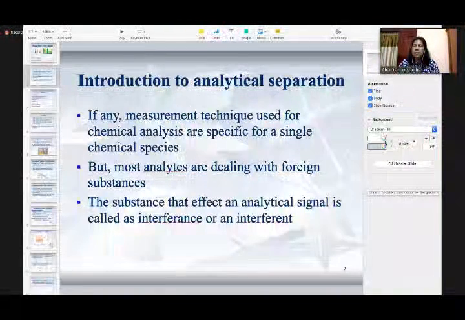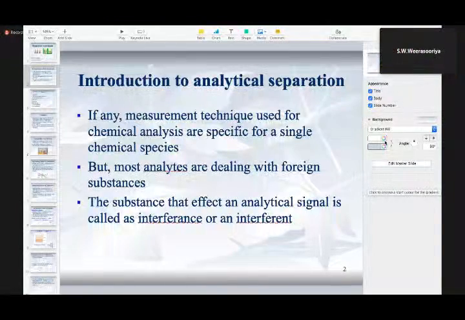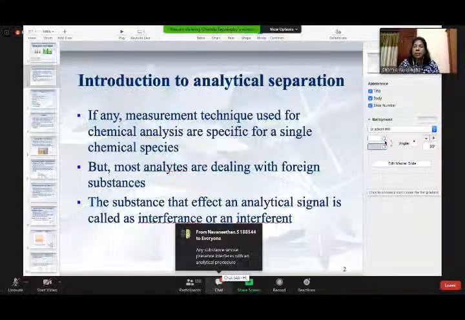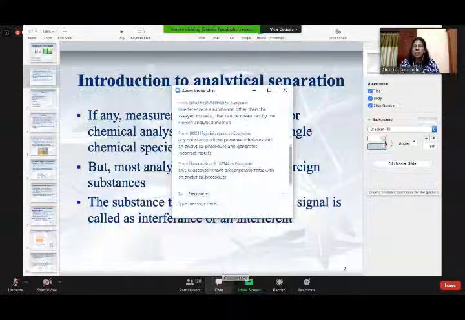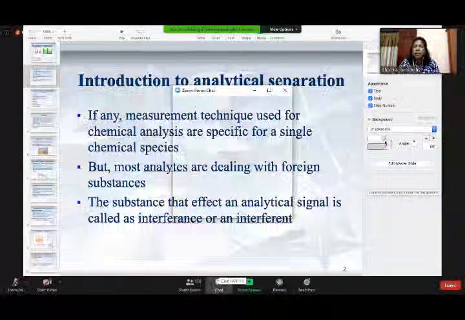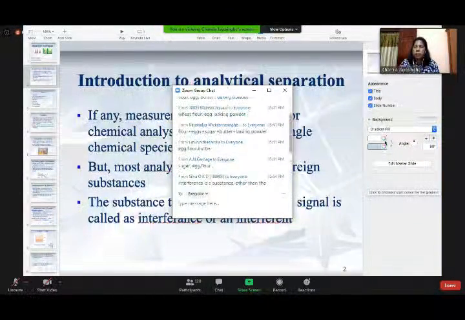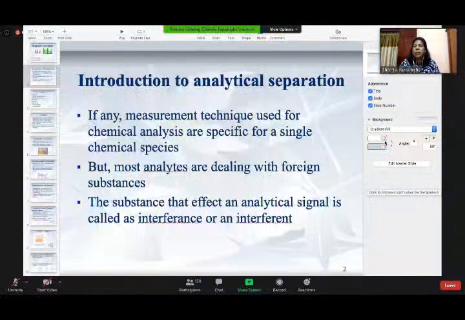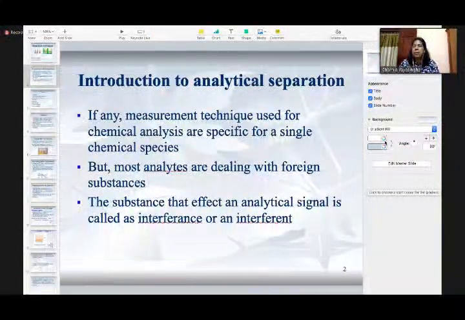Interference is a chemical species that interrupts the analysis. That's all. So the interrupting or disturbing word should be there, chemical species should be there, and then the interference and interferent.